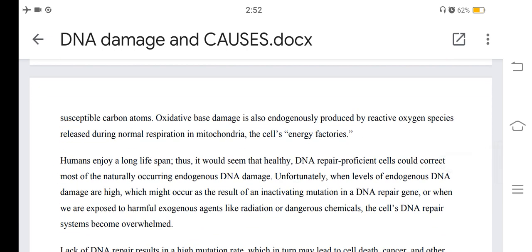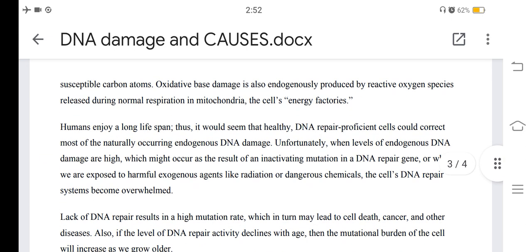Oxidative base damage is also endogenously produced by reactive oxygen species released during normal respiration in mitochondria, the cells' energy factories. Humans enjoy a long lifespan, thus it would seem that healthy, DNA repair proficient cells could correct most of the naturally occurring endogenous DNA damage.